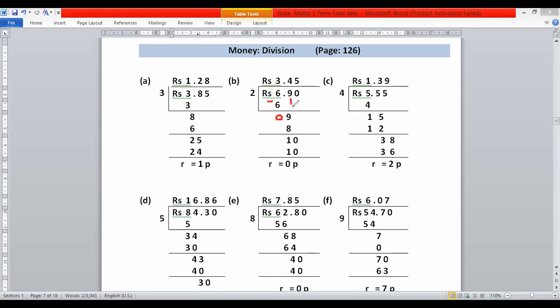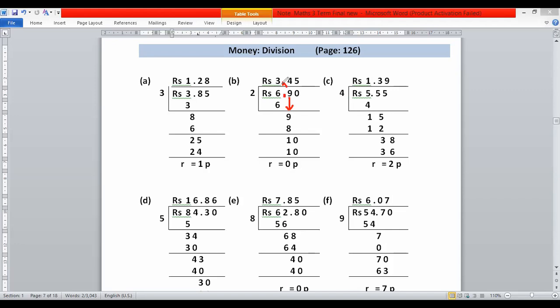And after that we shift 9. There is no value of 0. If you want to write 0 here, you can write it, otherwise no need. It's up to you. Now shift this 9. Dear students, the most important thing that I want to tell you is that whenever you want to divide the digit next to the decimal point, you must put the point above.